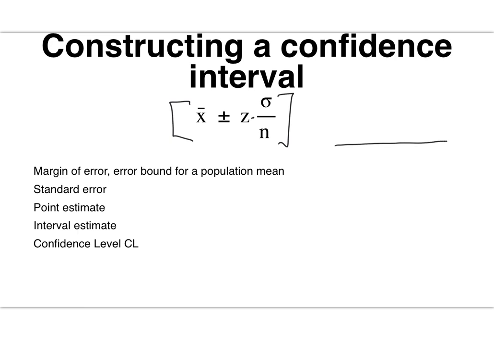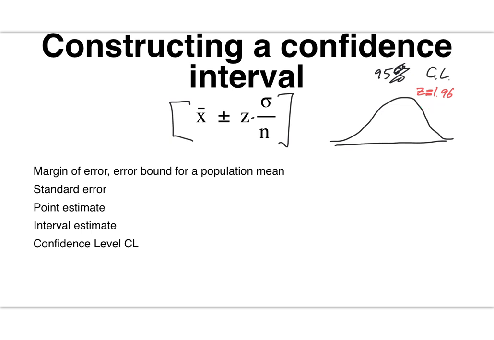So if I want to have a 95% confidence level, we're going to find out pretty soon that my Z is actually 1.96. Now, yes, we said it was 2 with the empirical rule, but we're going to get a little bit more precise now in finding Z values.